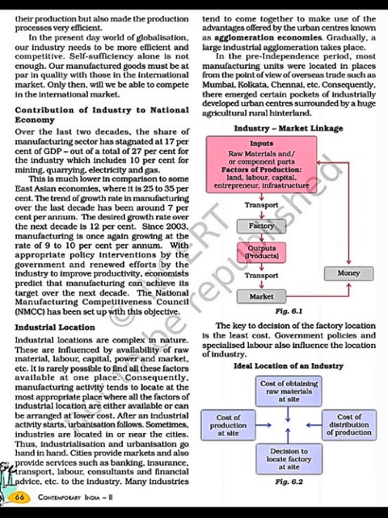So cities provide markets and also provide services such as banking, insurance, transport, labor, accounts services, consultants, law, finance to the industry. And many industries tend to come together to make use of these advantages offered by the urban sector, and this is known as agglomeration economies.